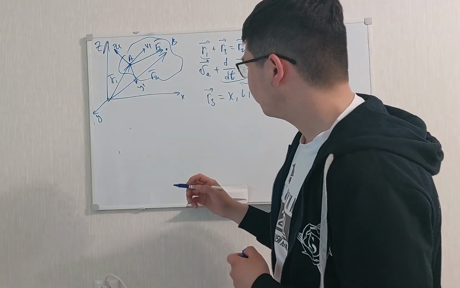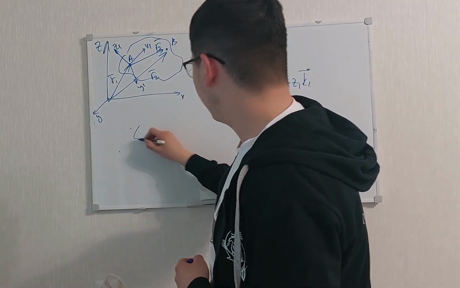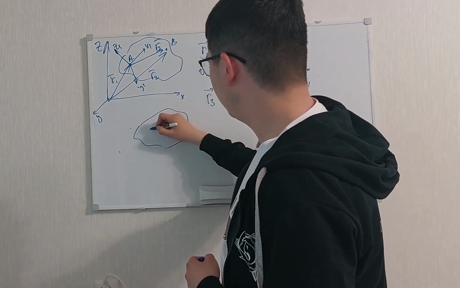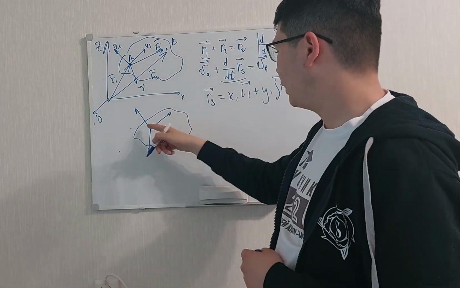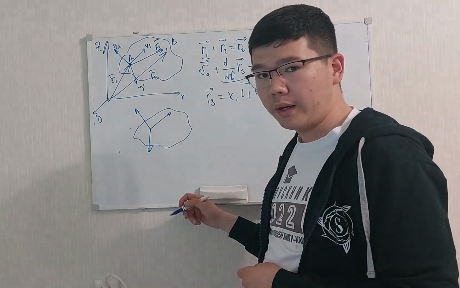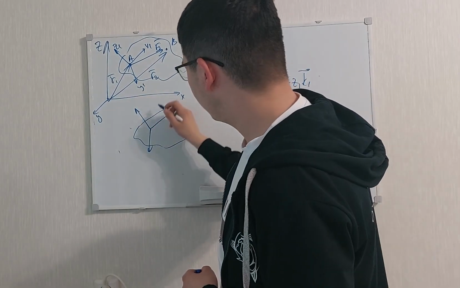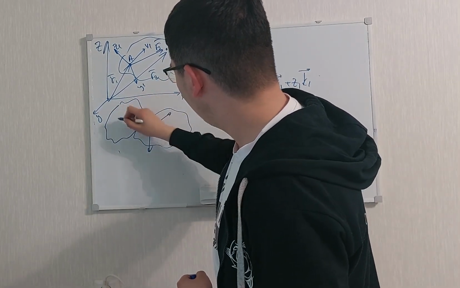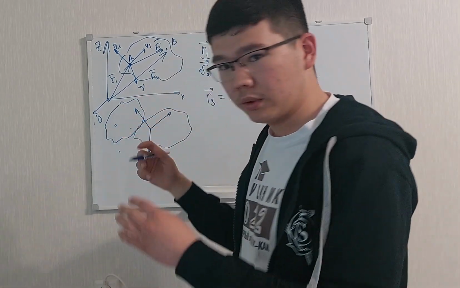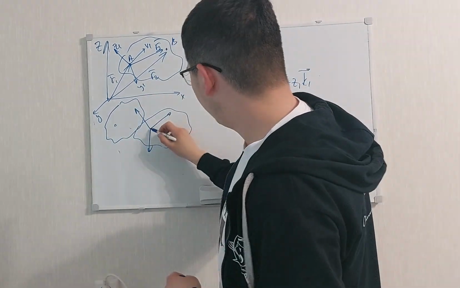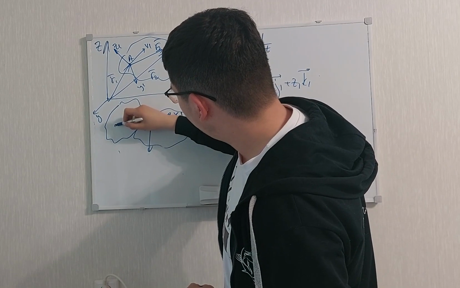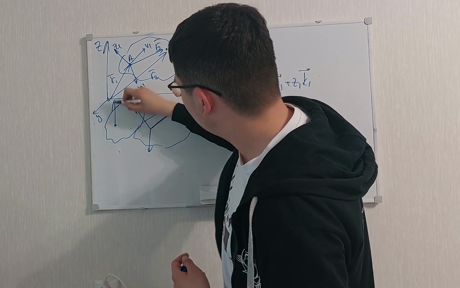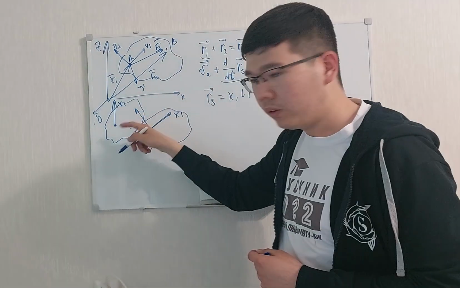So imagine this body in such a position, and the coordinate system that is connected with this dot in this way, and now this body has moved in such a way that the coordinate system has moved too. Now this x, that is x1, can have the position that you see now.